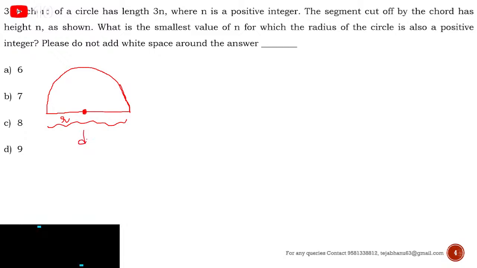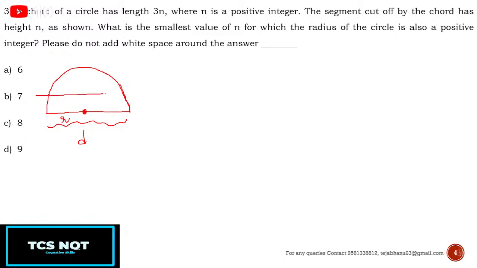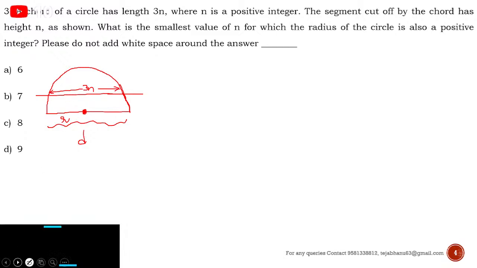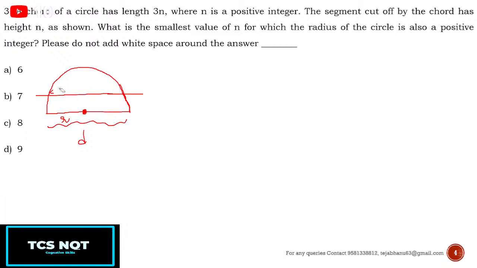Now, I am going to draw a chord. I am going to take a chord of length 3n.